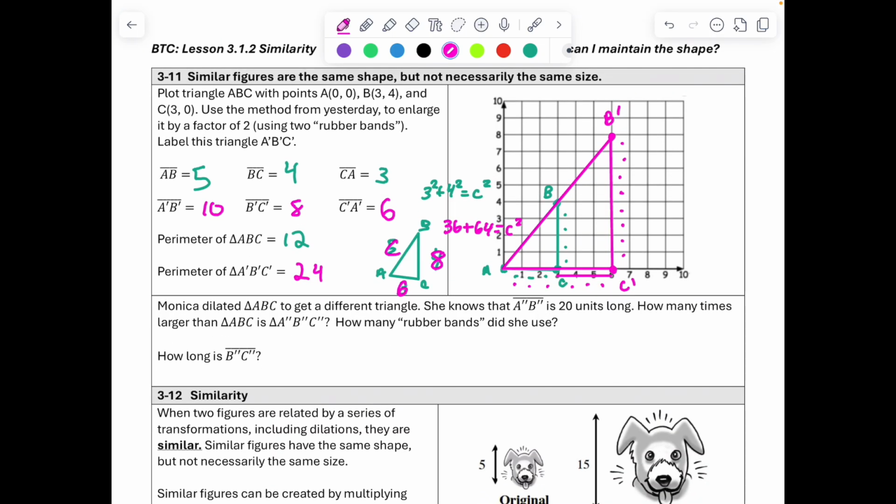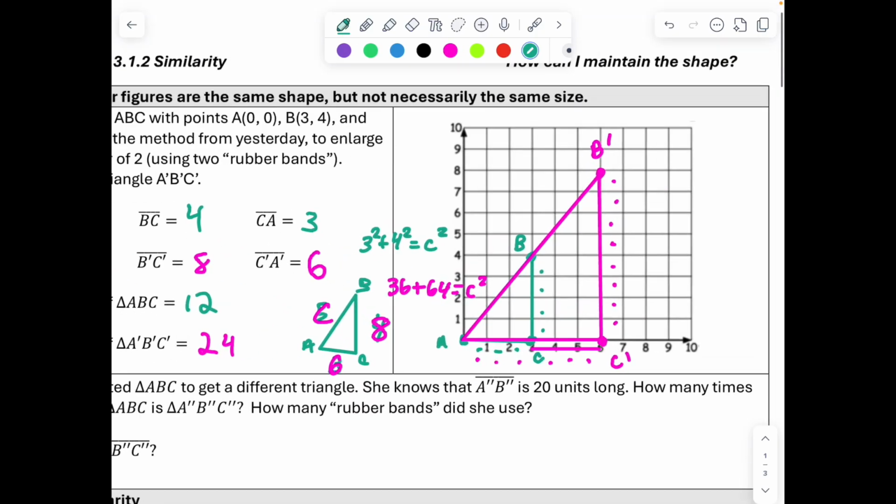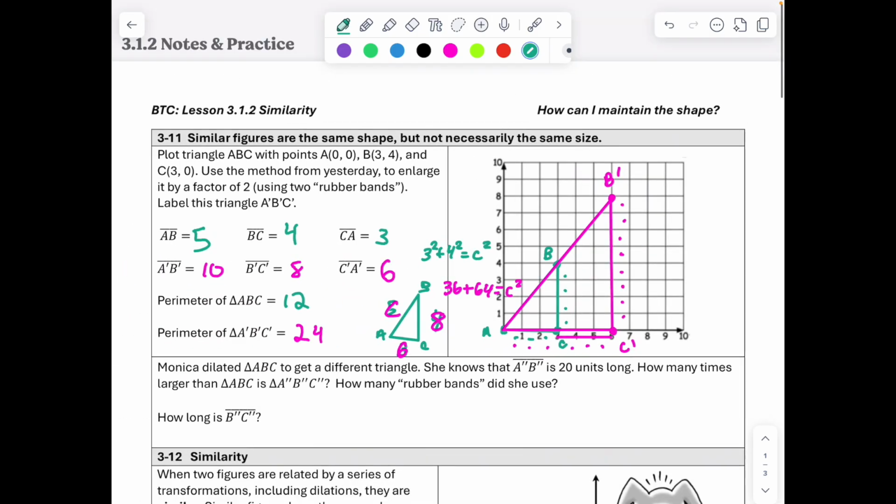So Monica dilated ABC to get a different triangle, and she knows that AB is 20 units long. How many times larger than triangle ABC is triangle A double prime, B double prime, C double prime? Okay. So it looks like when we dilated it by a factor of 2, this original triangle, each side got twice as big. Okay.